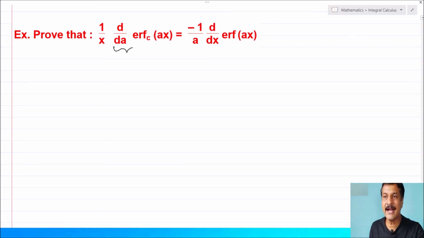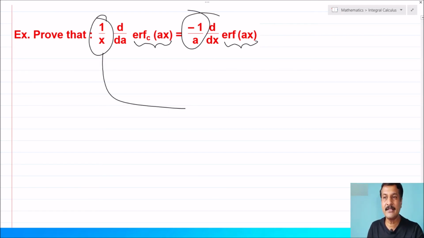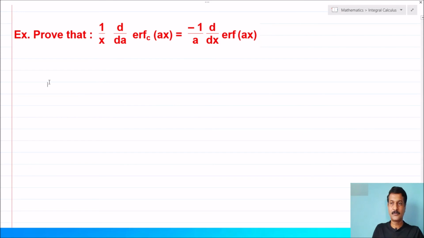You first find d by dA of complement of error function of ax, and here d by dx of error function of ax, and then you multiply by 1 by x here and minus 1 by a here, and you will get that both results are the same. So you try this one and send your answer to this mail.